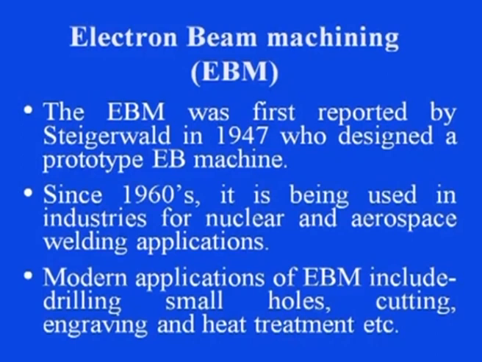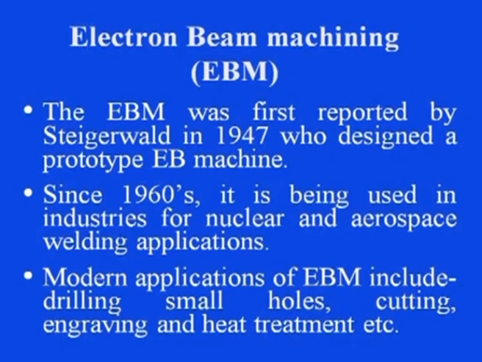Electron beam machining was first reported by Steigert in 1947, who designed a prototype of this particular machine. Since the year 1960, it has been used in industries for nuclear and aerospace welding applications.